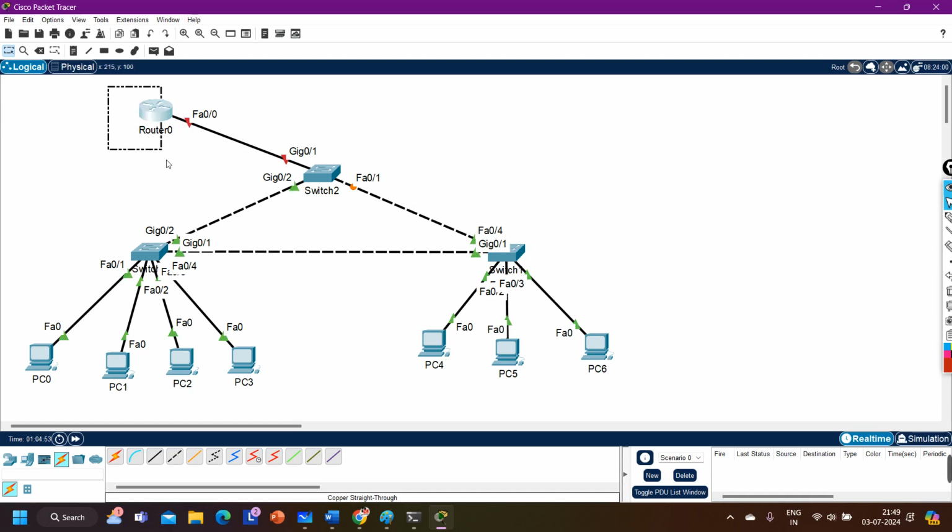This router doesn't have a gig port. This router has only fast Ethernet ports. So I don't have any other option; I simply have to replace the device. So I will delete this router and use a latest router.